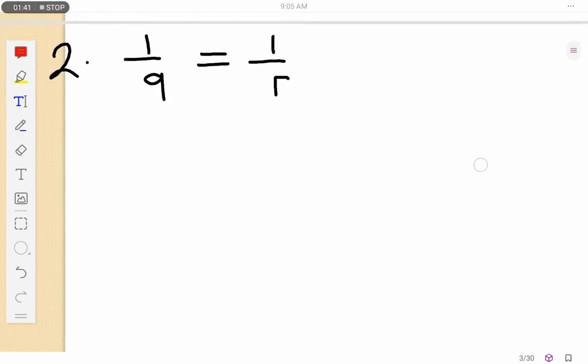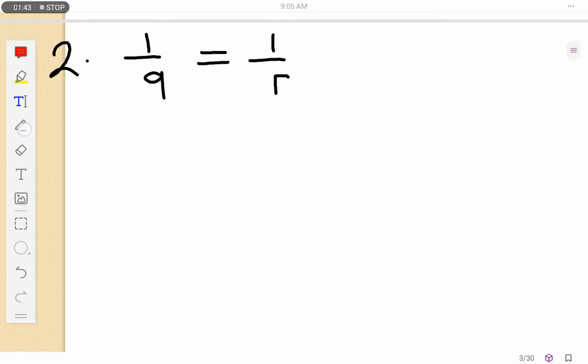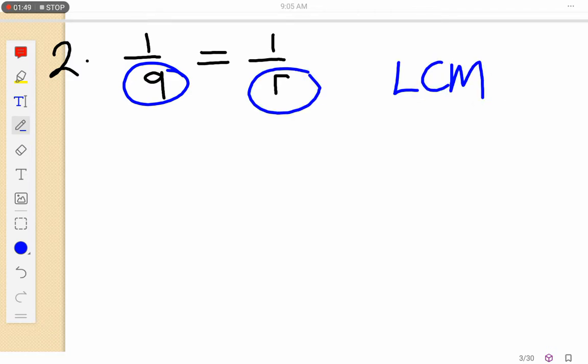Let's have another example. This one is another where we can simply get the lowest common multiple for our denominators, and the easiest way is to just multiply. I can simply say 9r, so I'm going to multiply both sides by 9r.